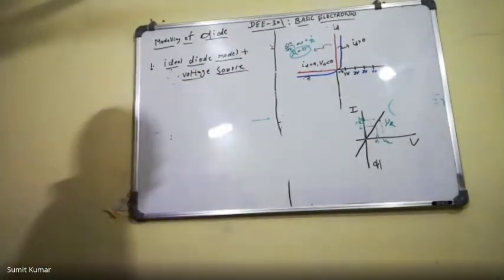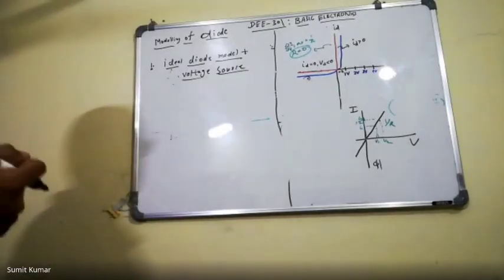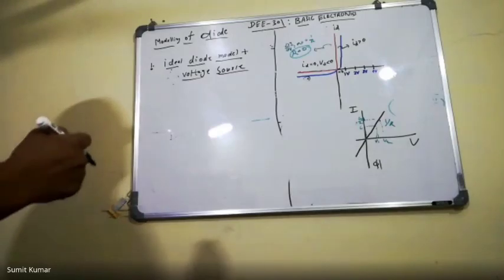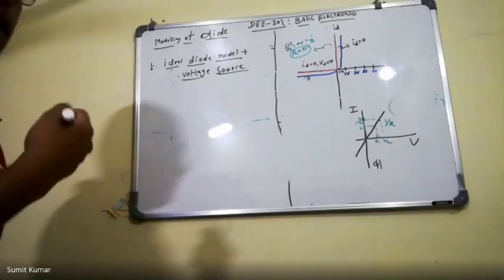So this is a better model, because we are doing a better approximation here. Now we shall try to understand how we can do a better approximation than the previous one.